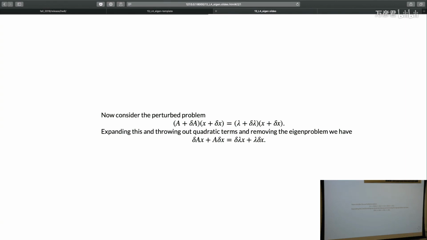And so we're just multiplying things out. We know that A times x is going to give us lambda times x. So we can use a bunch of this and cancel it out from both sides, which means we have something a little bit simpler where we have delta A times x, A delta x, delta lambda x plus lambda delta x.